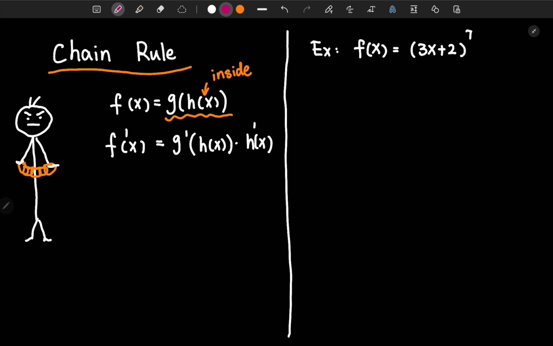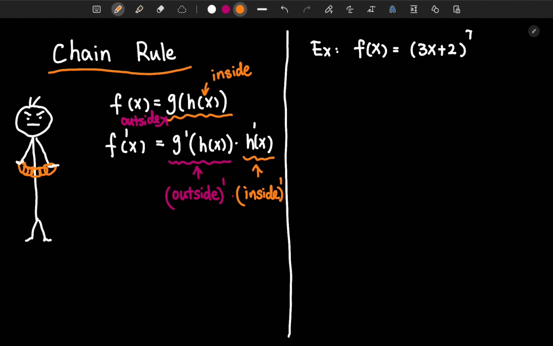Our g of h of x, so our function g, is the outside function. The rule states that we want to take the derivative of the outside function times the derivative of the inside function.